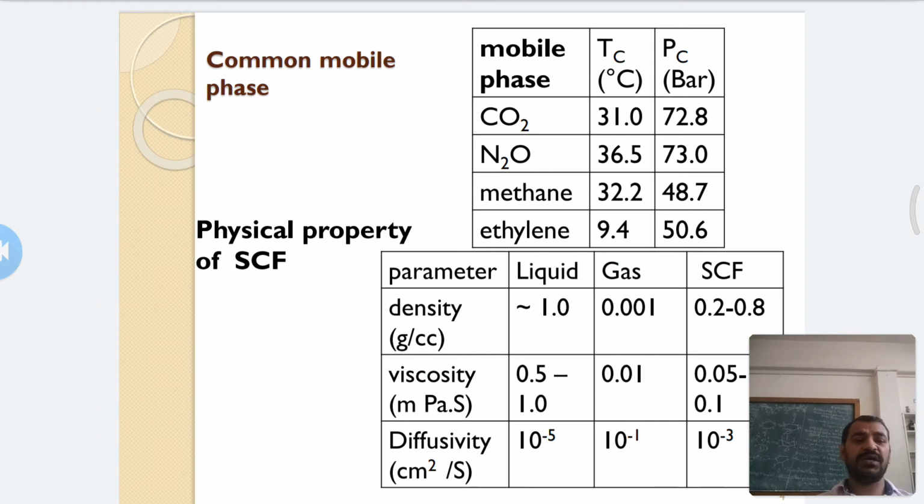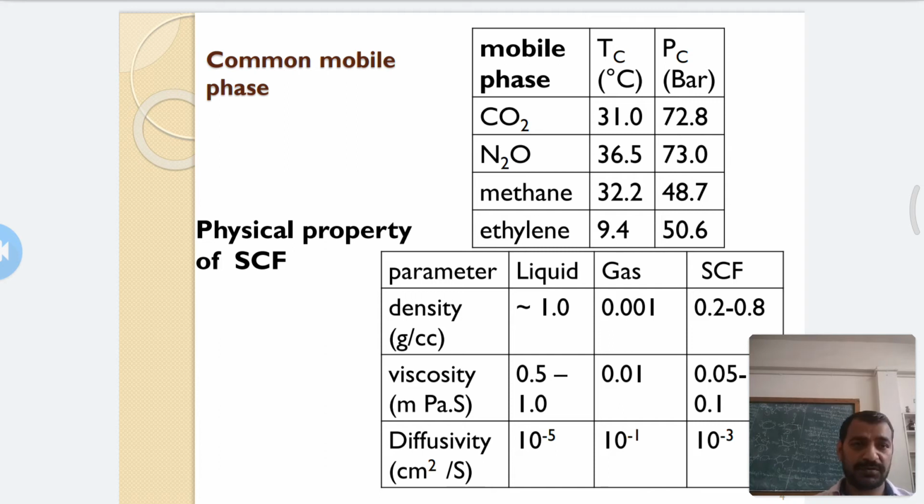Different solvents are used as the mobile phase, and many supercritical fluids are used in SFC.